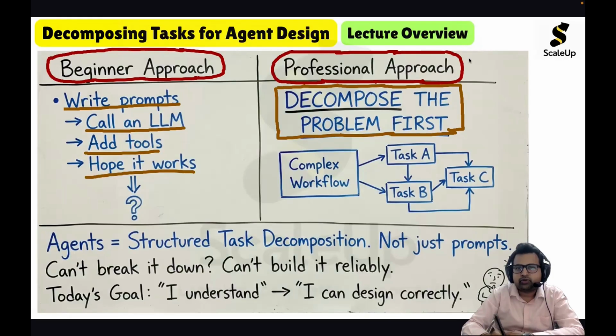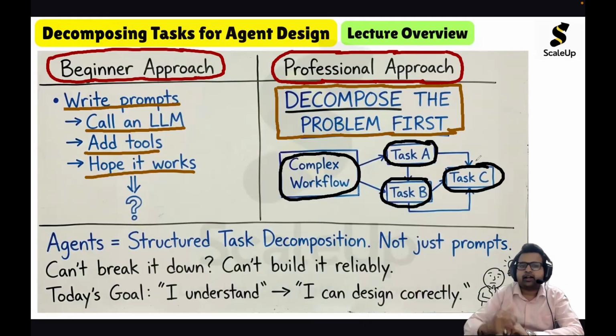Let us suppose we have a complex workflow. We have to decompose it into tasks: to achieve this complex workflow, we accomplish task A followed by task B, task C, and so on. This is the right way, because by decomposing the workflow, you can insert validation gates between steps.